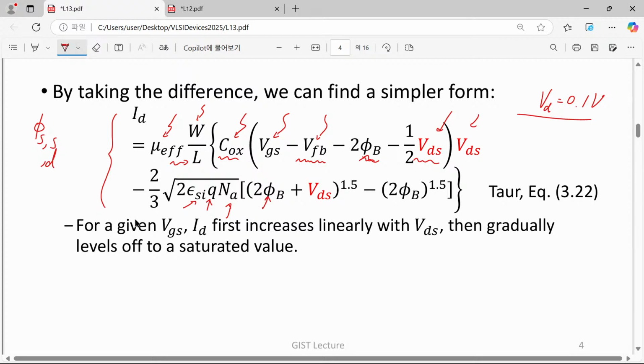So simply speaking, in order to evaluate this equation 3.22, you don't have to evaluate any kind of non-linear equation. That is a big difference. If you are a newcomer in this field, maybe you feel a little strange why I'm stressing this difference.